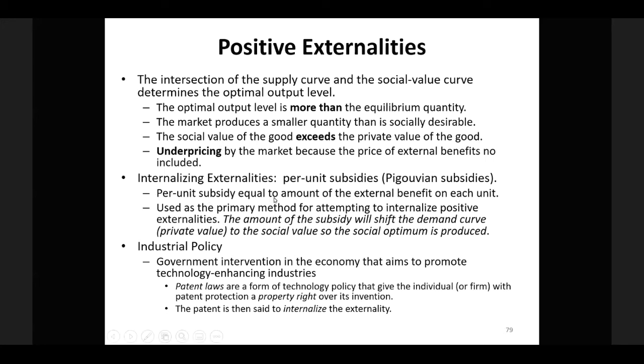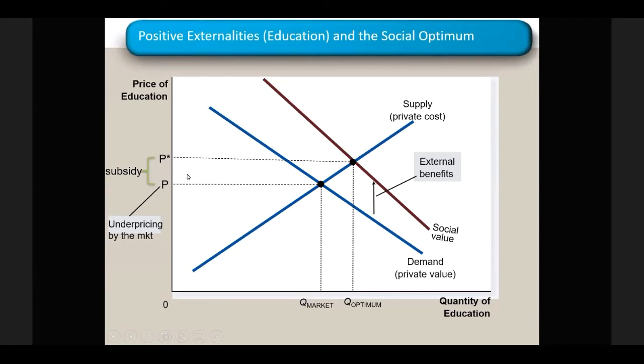The per unit subsidy must just be equal to the amount of the external benefit of each unit. If you extend this line, this difference is the difference between the social value and the private value, which is the measure of the external benefit.